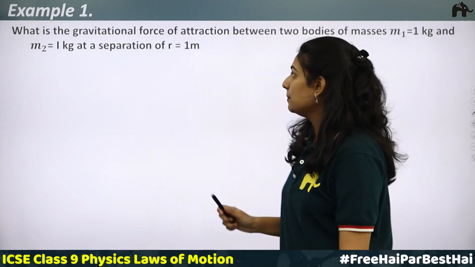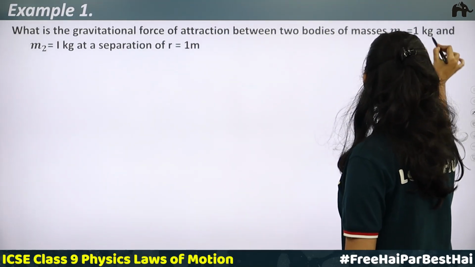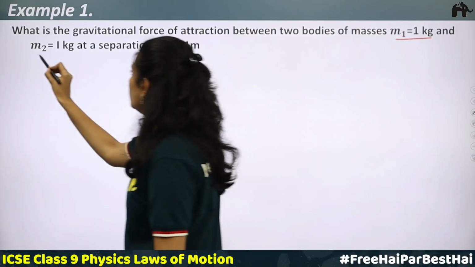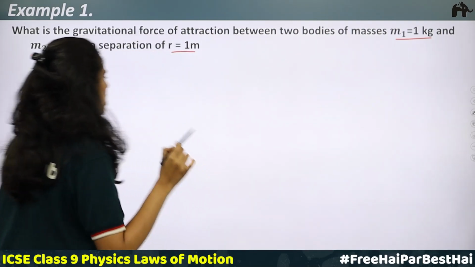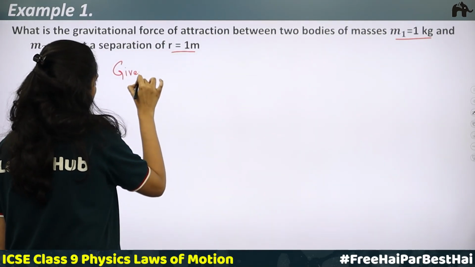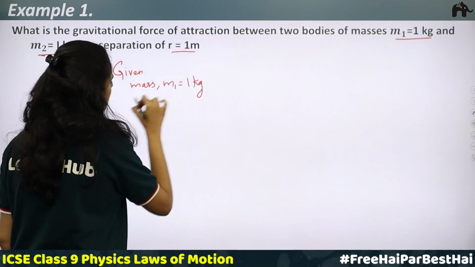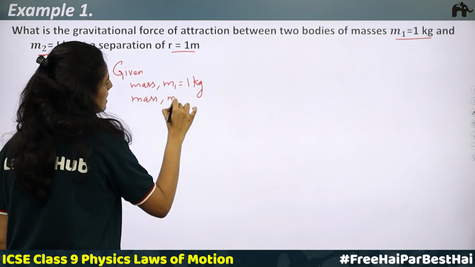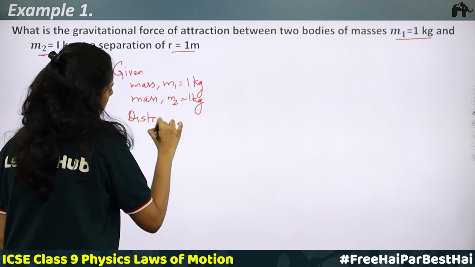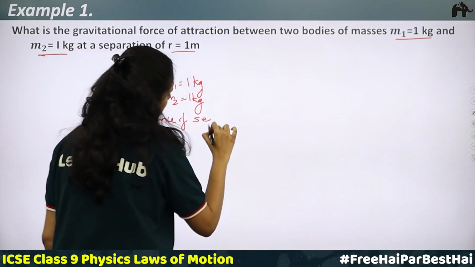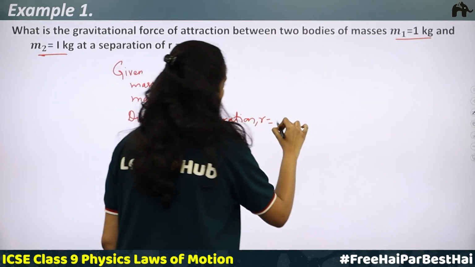Okay, let us take an example. What is the gravitational force of attraction between two bodies of masses M1 is equal to 1 kg and M2 is also equal to 1 kg at a separation of r is equal to 1 meter? So, how to find gravitational force? Given mass M1 is equal to 1 kilogram, mass M2 is equal to 1 kilogram, and the distance of separation r is equal to 1 meter.